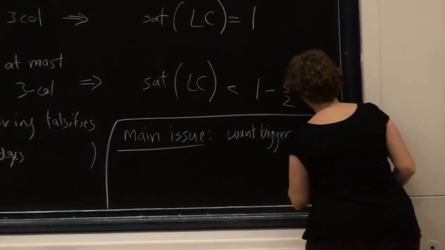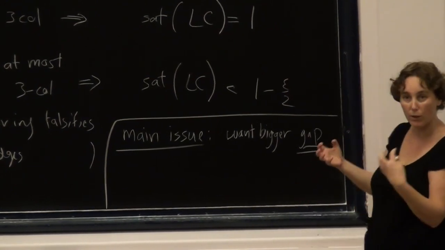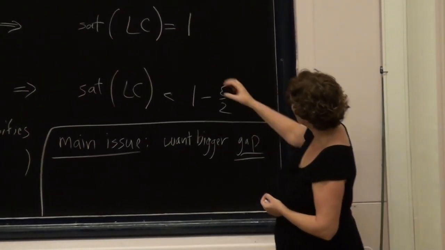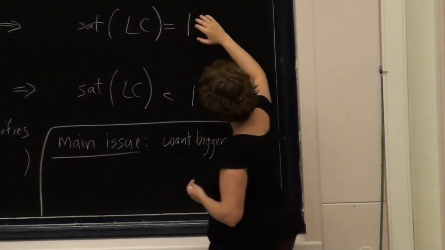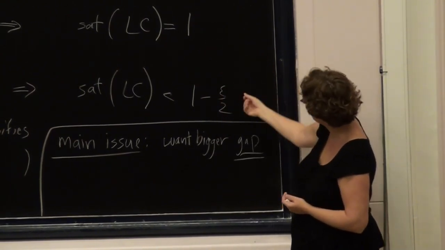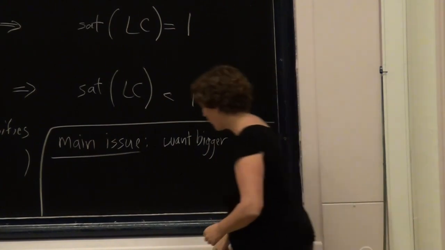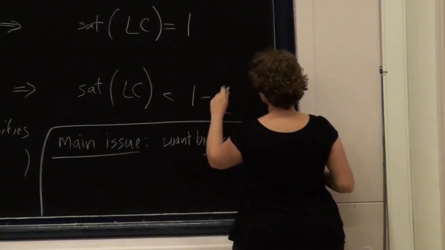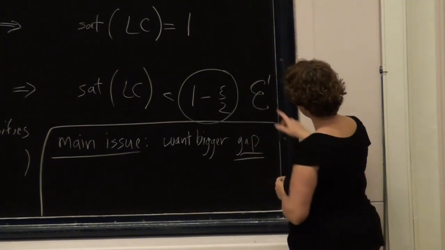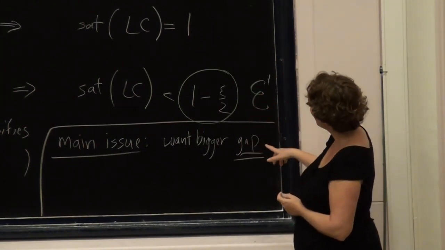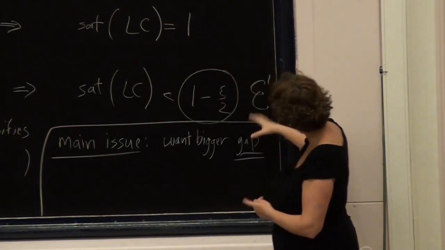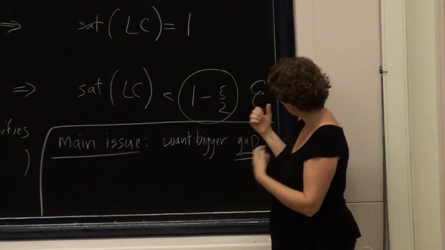So it turns out that to prove a hardness of approximation with optimal inapproximability factors, you want hardness of label cover not with the gap of 1 versus 1 minus epsilon. This is quite a small gap. It's just a gap of epsilon. What you really want is a gap of 1 versus some epsilon going to 0. If we had hardness of label cover with a gap of 1 versus epsilon, we'd be in business.